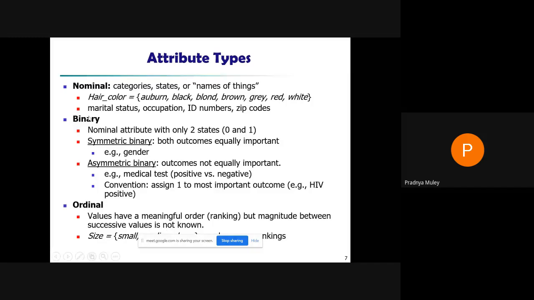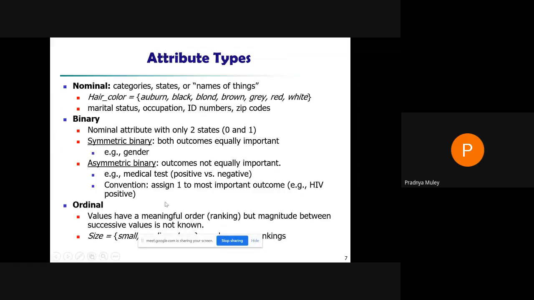So we have seen nominal, binary, and ordinal attributes. Binary is again symmetric and asymmetric. Symmetric means both outcomes are equally important, and asymmetric means outcomes are not equally important. Ordinal means there is a meaningful order in the data.